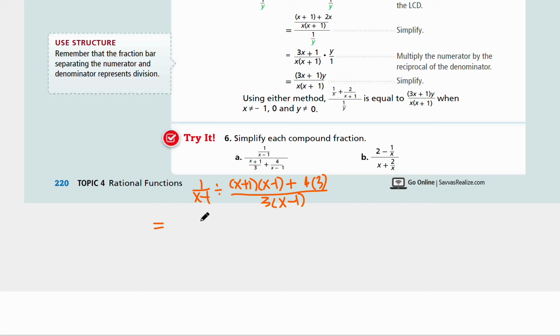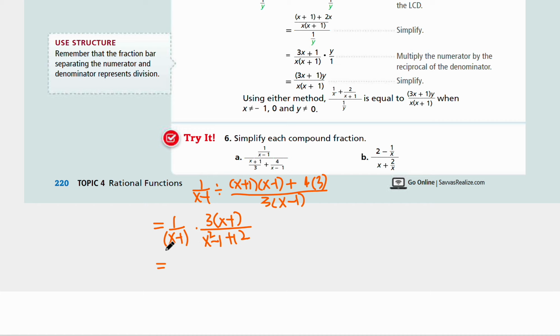And then we want to make this into multiplication, and also we want to simplify this fraction. So we have 1 over x minus 1 times 3x minus 3, or actually let's keep it as 3 times x minus 1, in case we can simplify, right? And then multiply this out, x squared minus 1 plus 12, and then simplify.